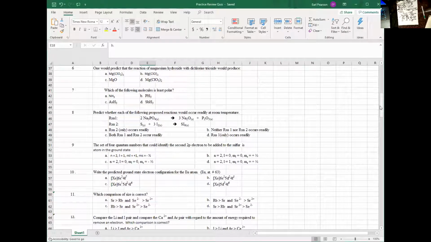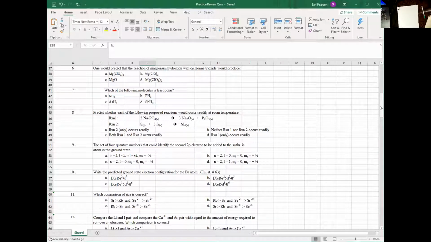Okay, number 6 says, one would predict that reaction of magnesium hydroxide with chlorine trioxide would produce what? Okay, let's talk about this one. I'm going to mix together magnesium hydroxide. Now, magnesium hydroxide is a base.